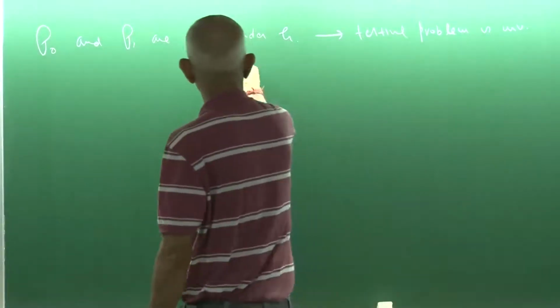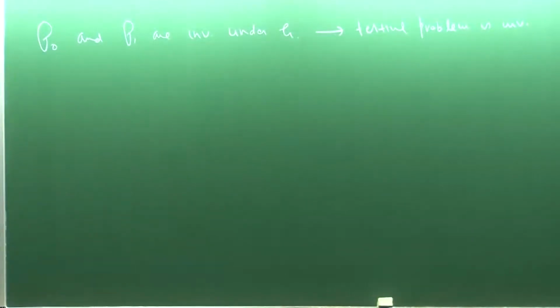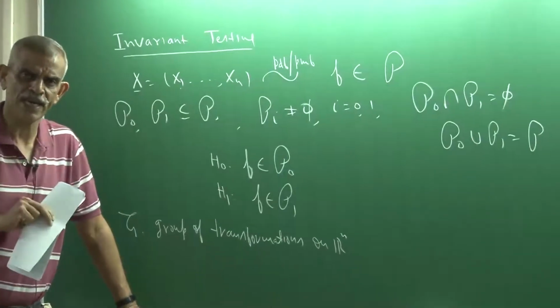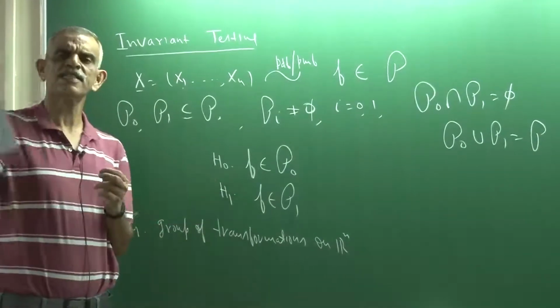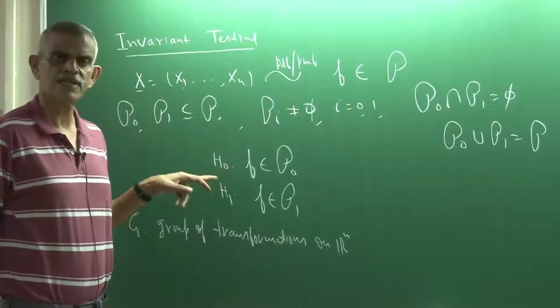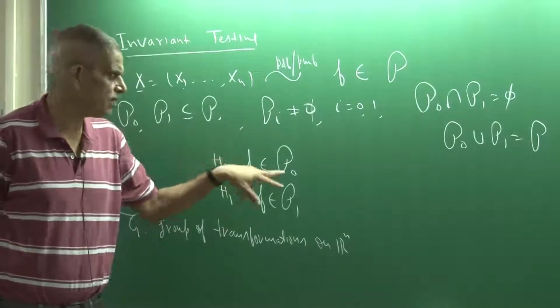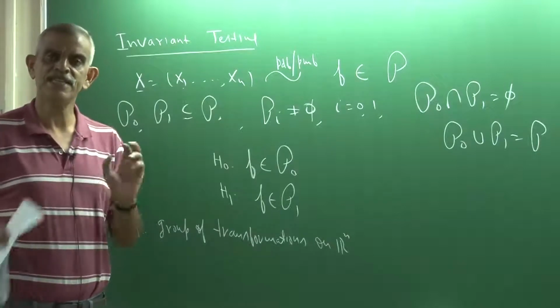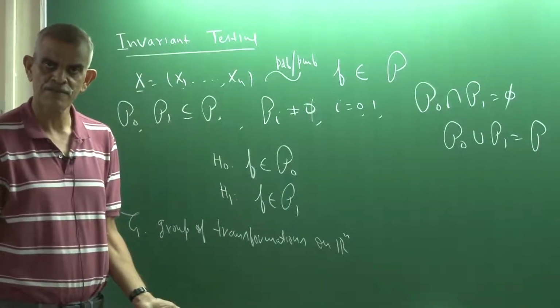So now suppose that you have an invariant testing problem. What does it say? When I apply transformation gX to X, gX has some distribution. The null hypothesis says that gX is also in P0, and the alternative says that gX is also in P1.